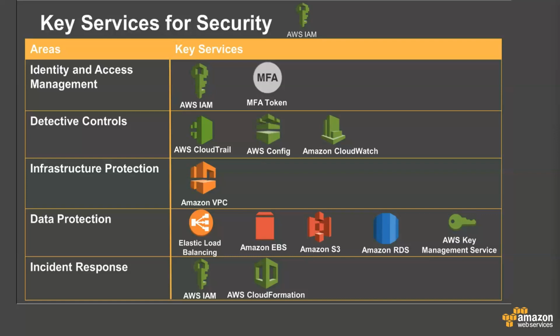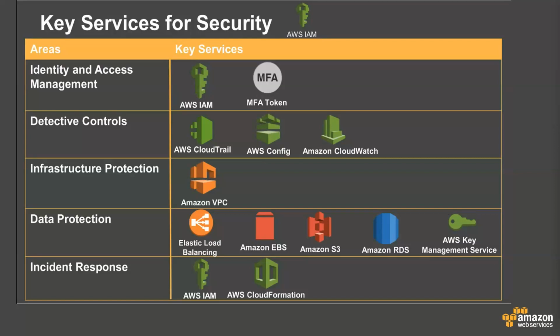Then the second area is detective controls, and here it's talking about traceability. So we are going to use AWS CloudTrail to understand who and what people are, the trails of end users that are accessing your workload, your account, so that in case of anything, we'll understand what happened and who was responsible for that.